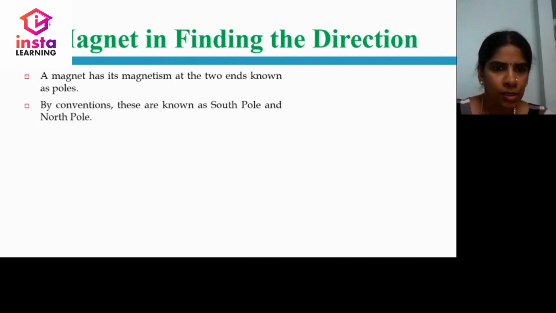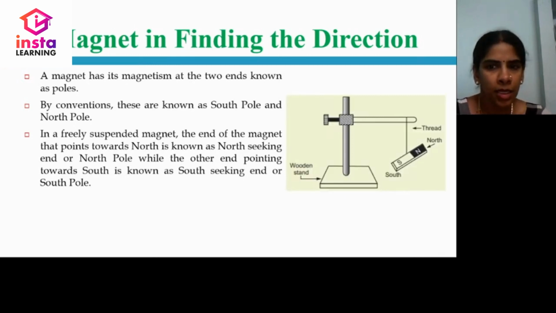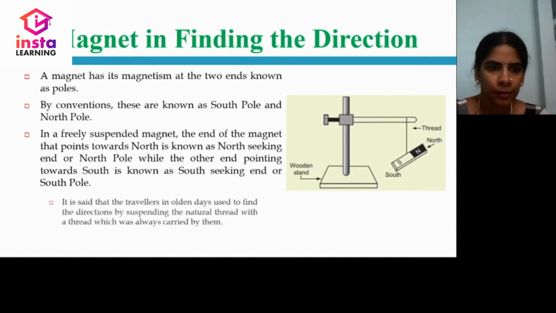By convention, these are known as South Pole and North Pole. In a freely suspended magnet, the end of the magnet that points towards the north is known as north-seeking end or North Pole, while the other end pointing towards the south is known as south-seeking end or South Pole.